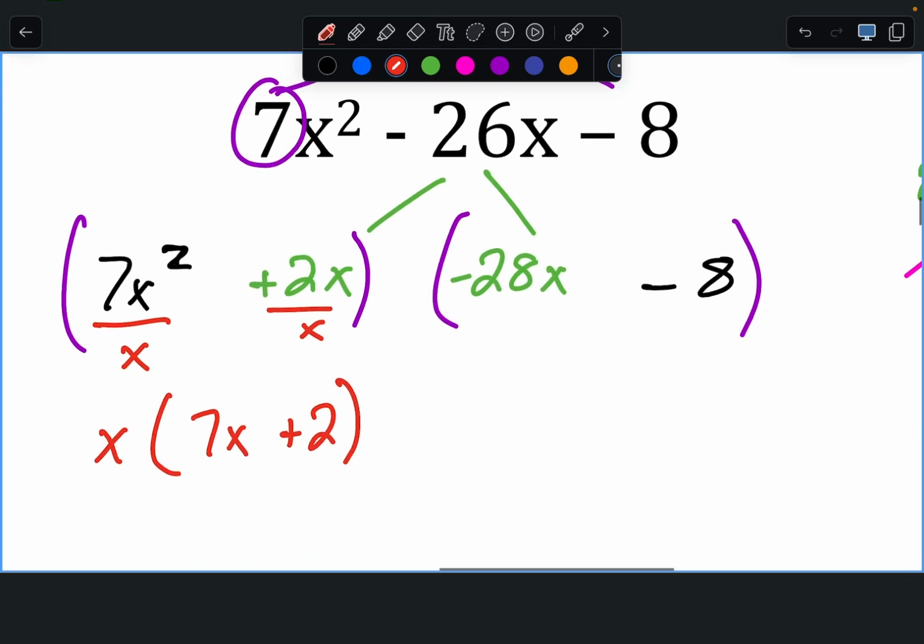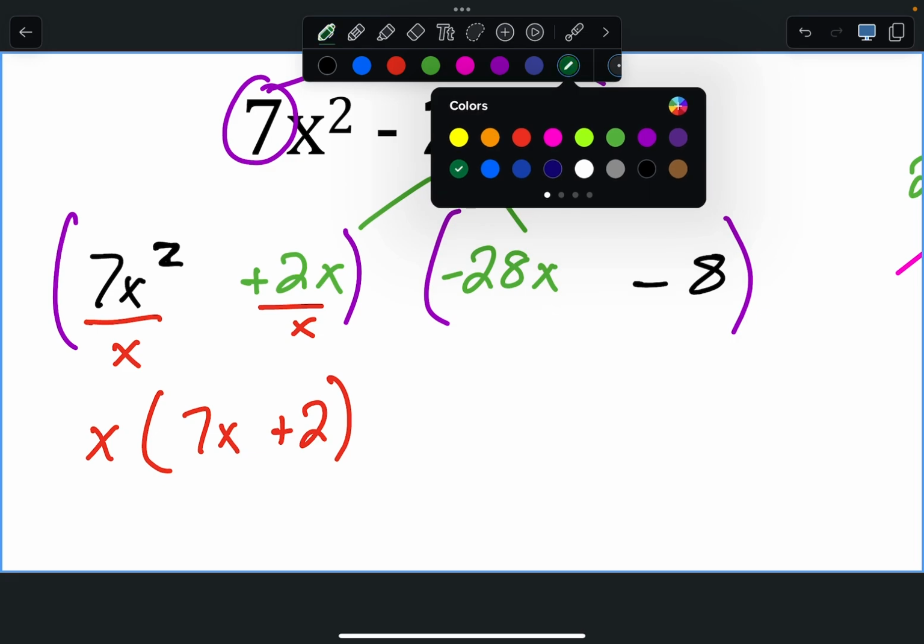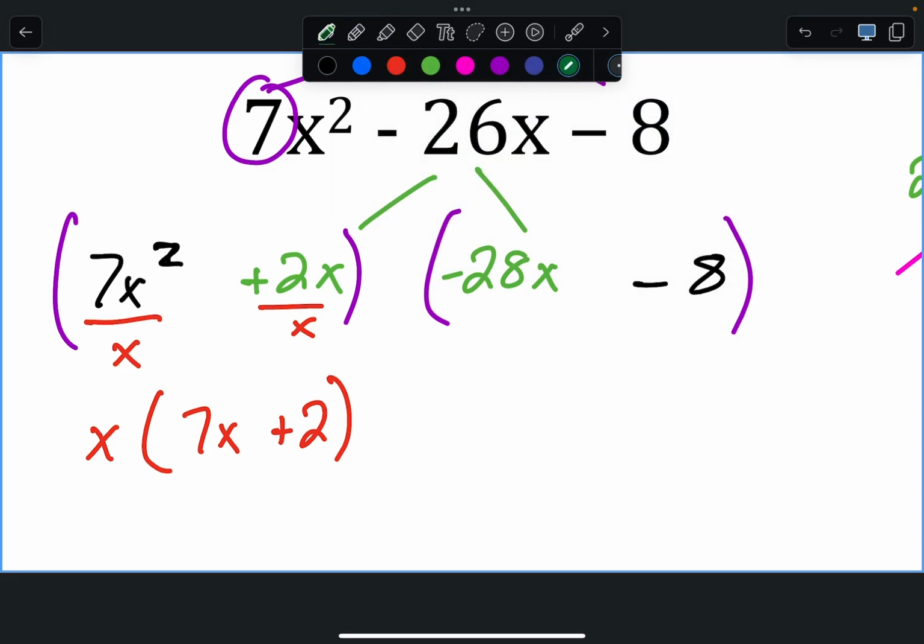And on the other side, what can I take out of negative 28 and negative 8? Negative 4. 8 is not a factor of 28. Again, it has to be a negative here because that leading term is negative.